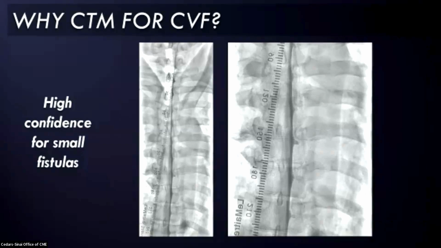Now, for me, I have higher confidence with CT for small or subtle fistulas, and this may be because DSM is not my preferred way of doing it. I do some DSMs, but in this particular case, there's a venous fistula on this image. There's nothing that you could see on the subtracted images.